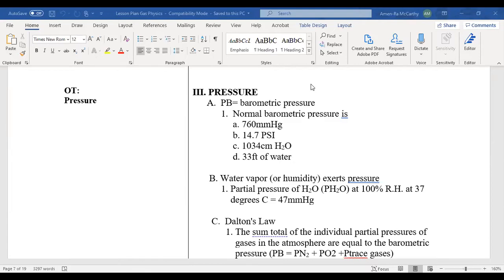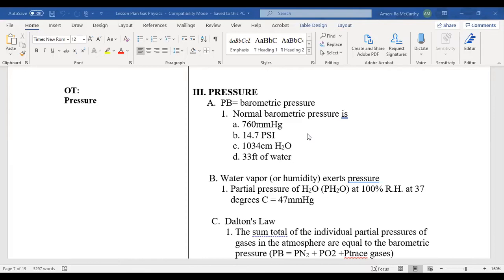They're saying that's the pressure at sea level. At sea level, the barometric pressure is about 760, which is considered 1 atmosphere.